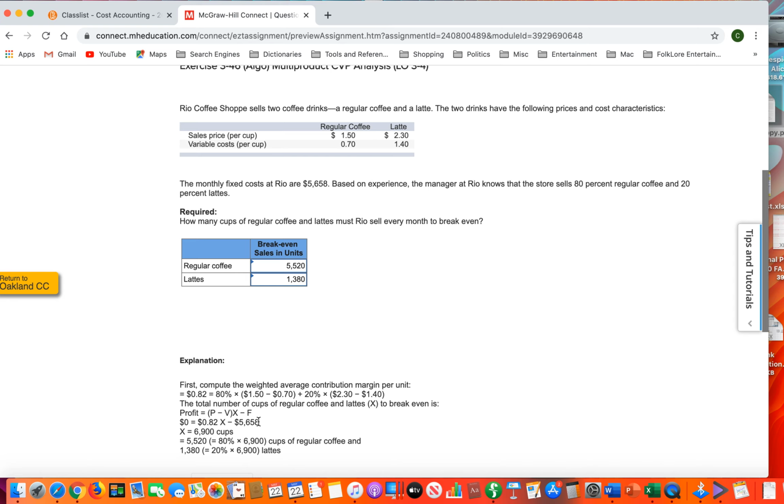I took the fixed cost of 5,658 and divided by 0.82, and I got 6,900 cups. And then you split that 80-20. 80% of 6,900 is 5,520, and the other 20% are lattes.